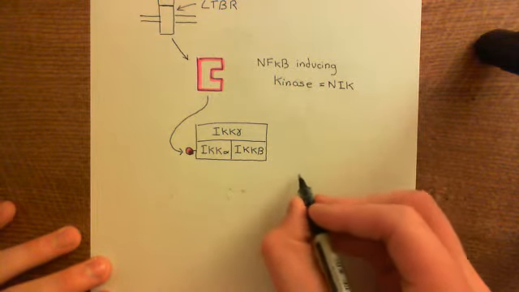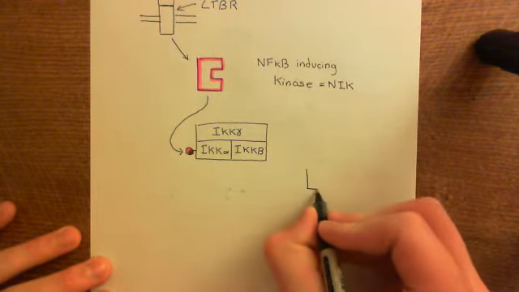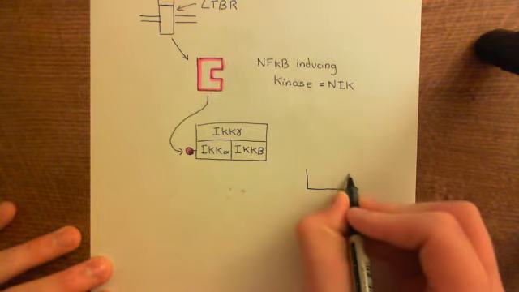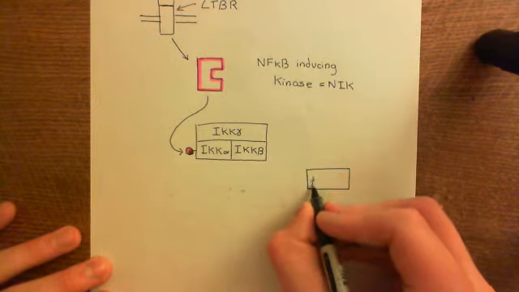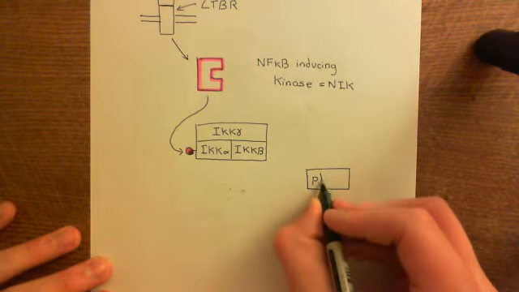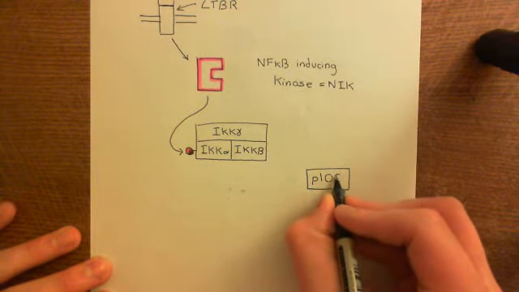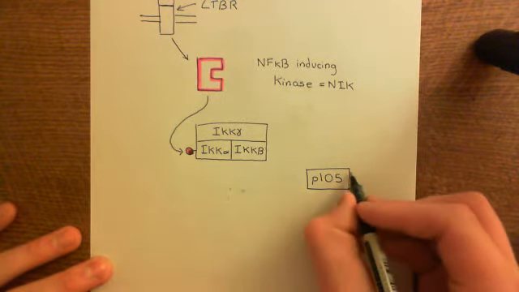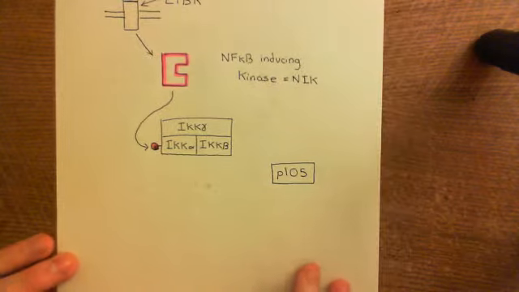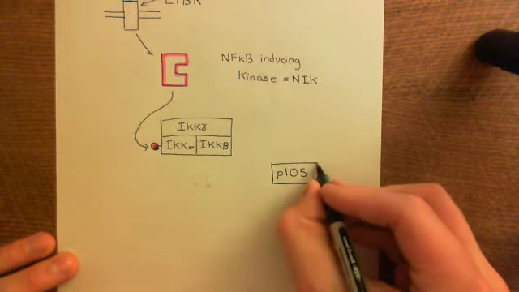Okay, so let me show you this other NF-kappa B transcription factor. And I'm sorry I said enzyme, it's a transcription factor. Okay, so this other NF-kappa B transcription factor consists of a protein known as P105, okay, and also another protein, let me just bring this over, known as REL-B.